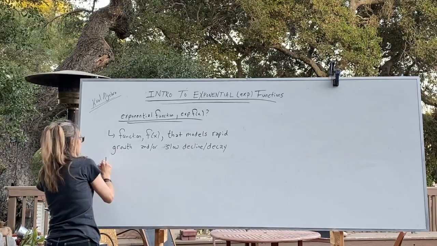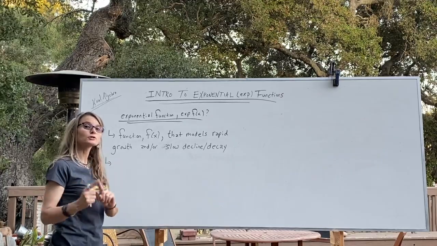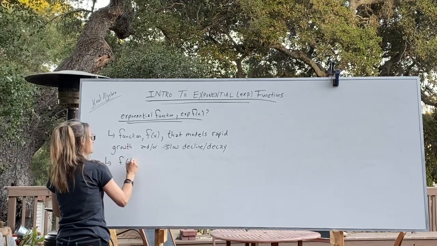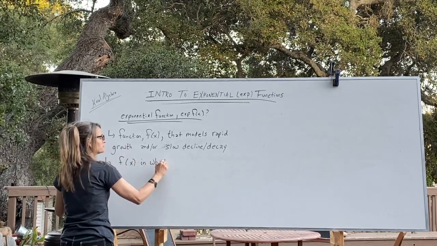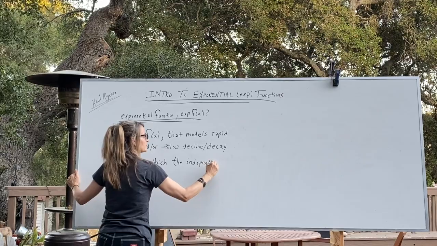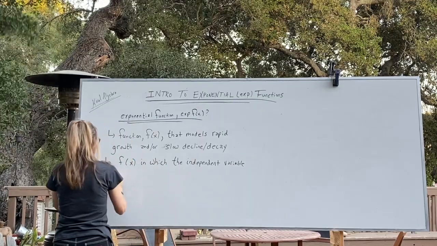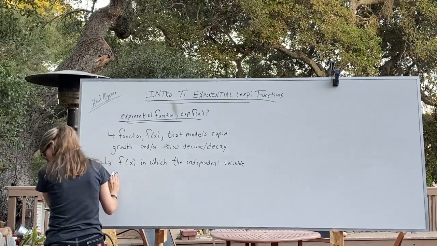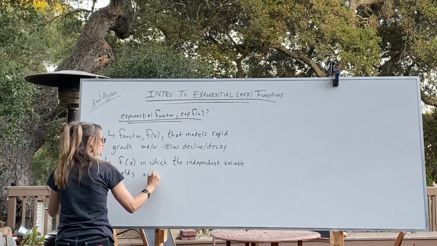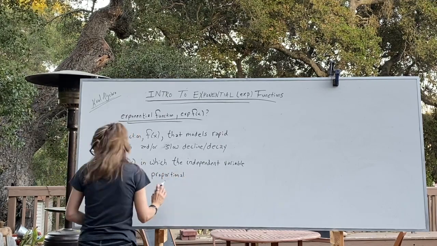So the idea is that these types of functions have an independent variable that grows proportionally with the dependent variable. So we could also say, a little more formally, it's a function in which the independent variable changes, or yields, let's use that word, a proportional change.